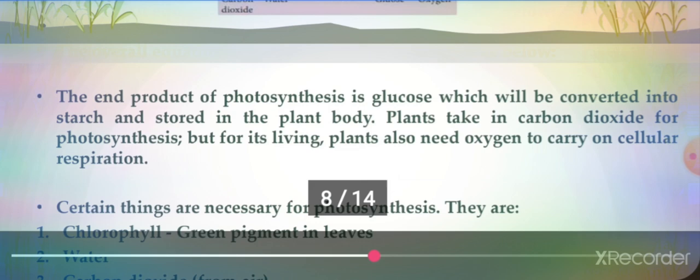in the liver. Okay, so plants take in carbon dioxide for photosynthesis, but you must be very clear: whether it is a plant, a human being or a donkey, all during respiration take in oxygen and leave out carbon dioxide.